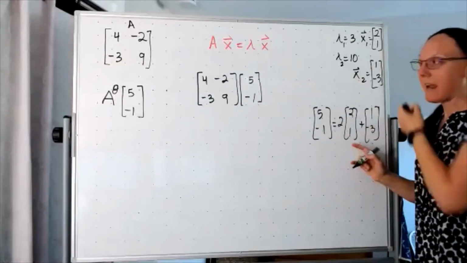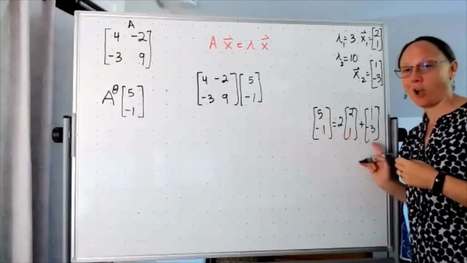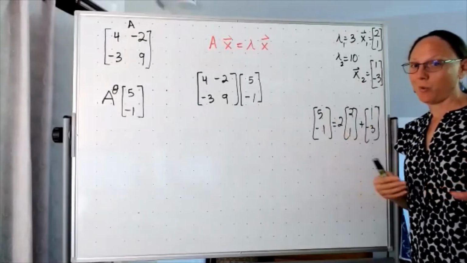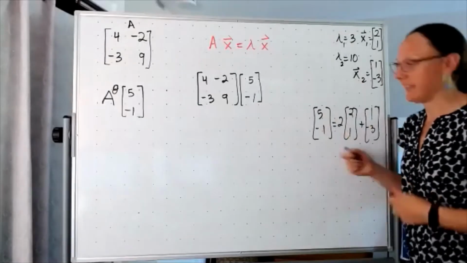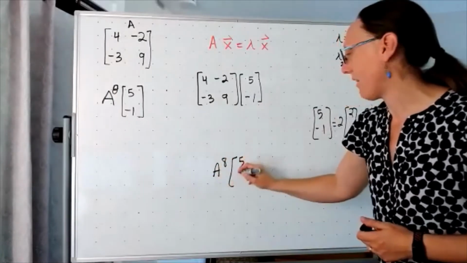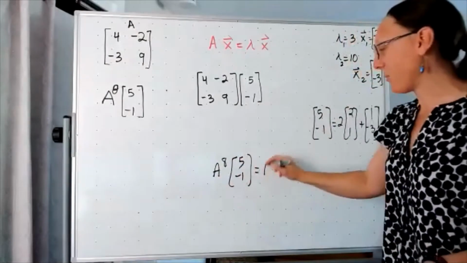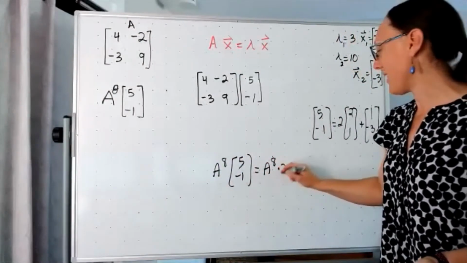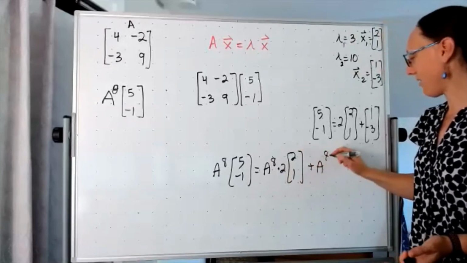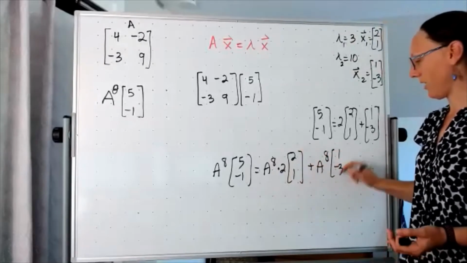So if we can write this vector as a linear combination of your eigenvectors, then we can do that same cool thing and say that A to the 8th times 5, -1 would be the same as A to the 8th times 2 times 2, 1 plus A to the 8th times 1, -3.